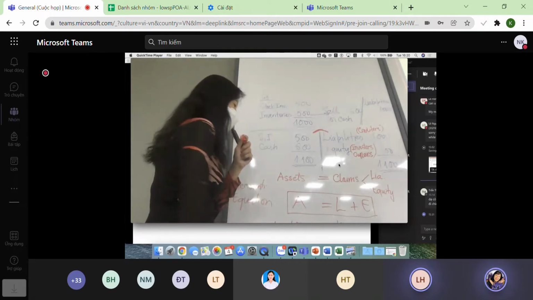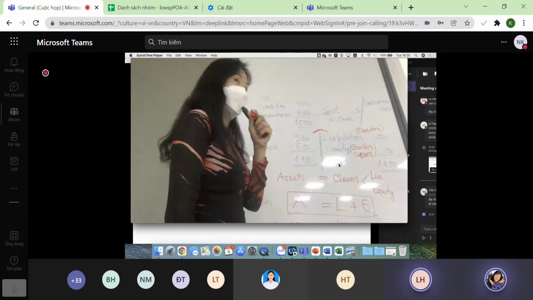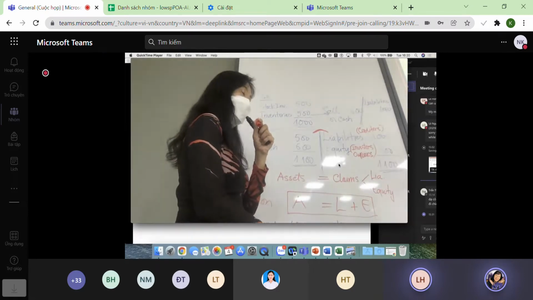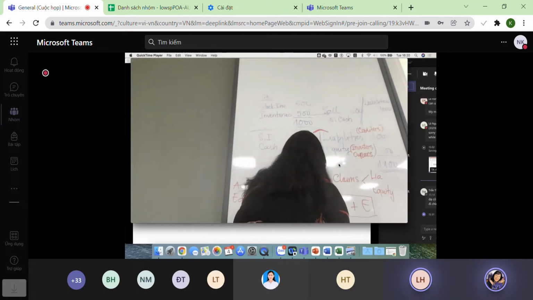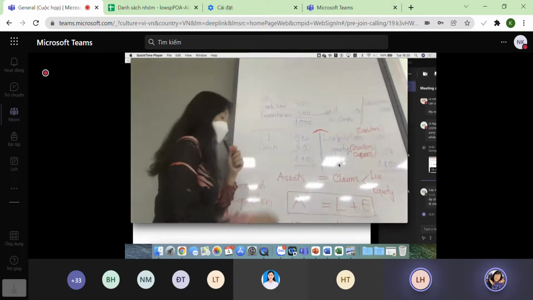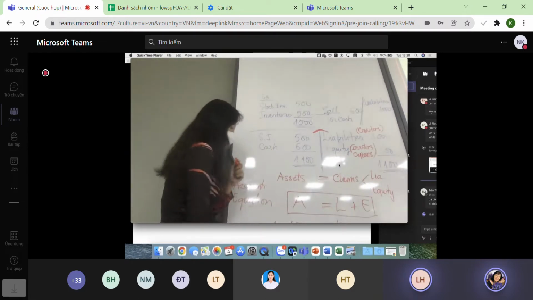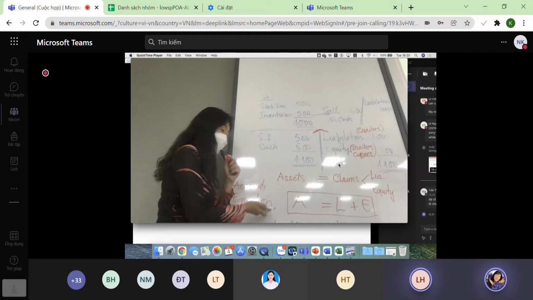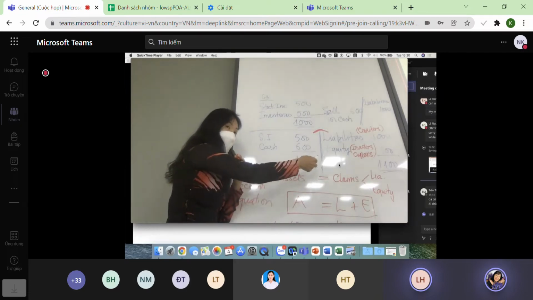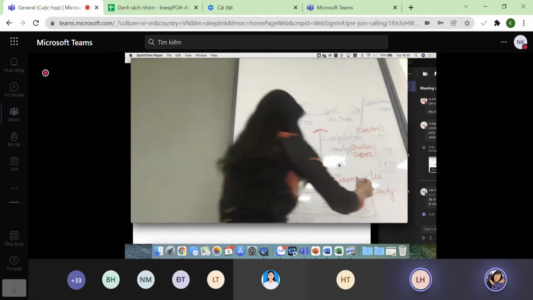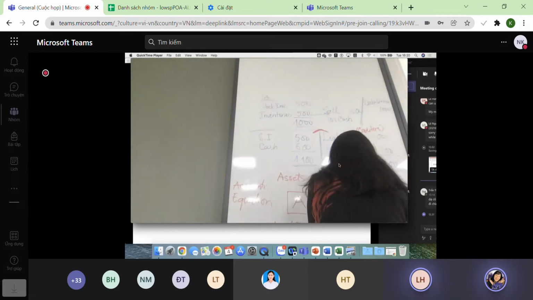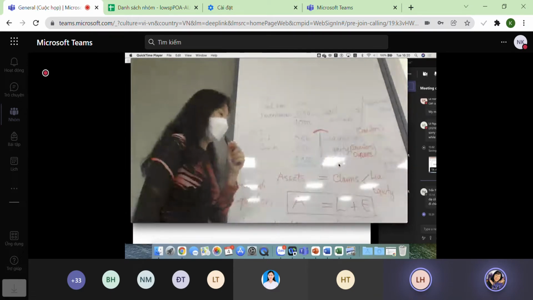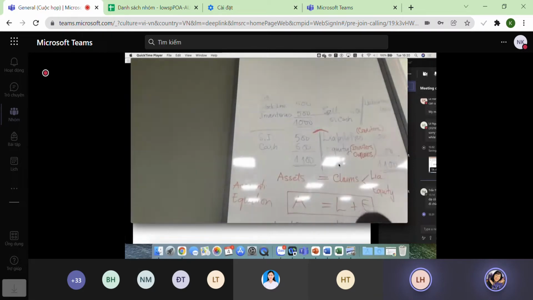And how about the liability? The same or different? The same, 1,000. And the increase of asset here by 100, what is it? It belongs to the owner, right? And we have the equity here, 100.